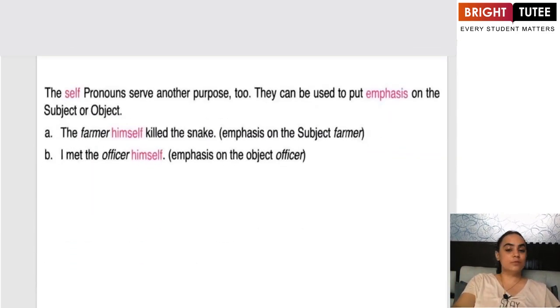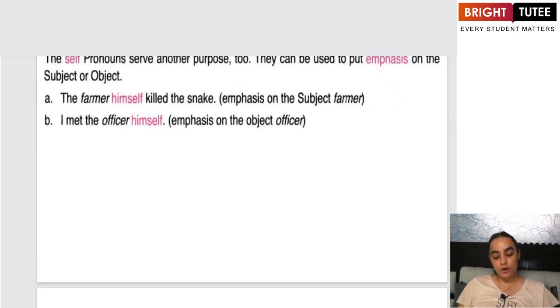Let us look at some examples which are given in your book. The farmer himself killed the snake. What is my subject? The farmer. This himself is used for the farmer and is giving an emphasis on what the farmer has done, right? So the farmer himself. I met the officer himself. Here I am stressing on the officer. But I met the officer himself.